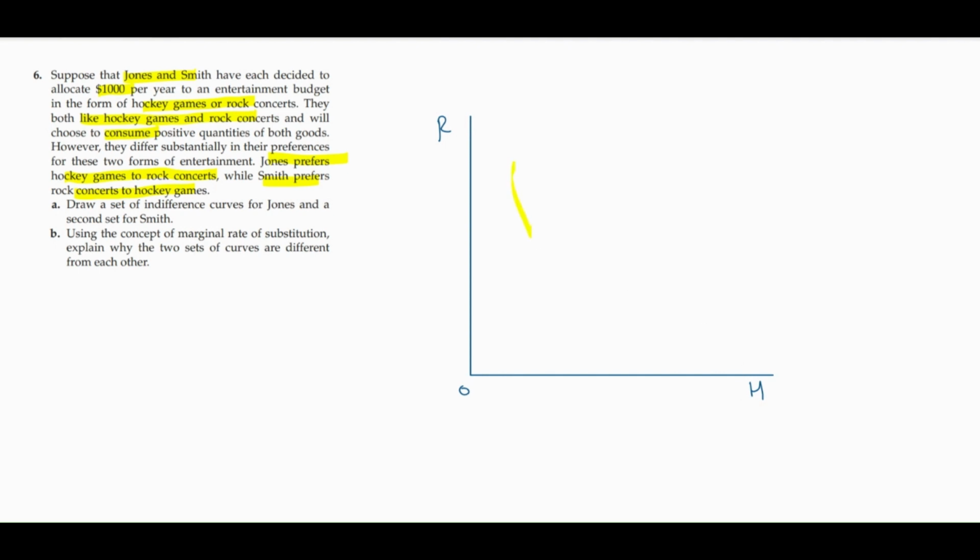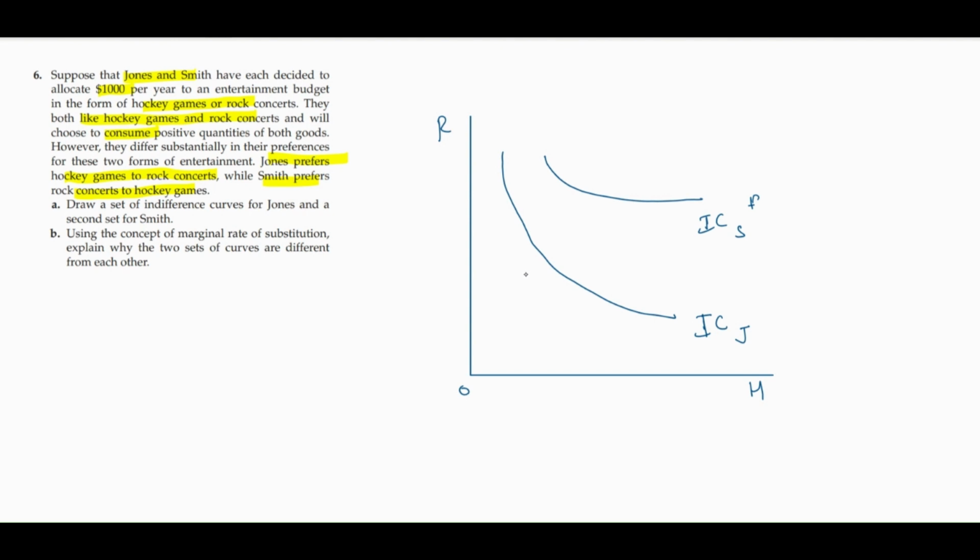So if I draw the curve like this, and let me draw another curve, it should be flatter, and this one is steeper. Let me name this IC for Jones, and this IC for Smith.